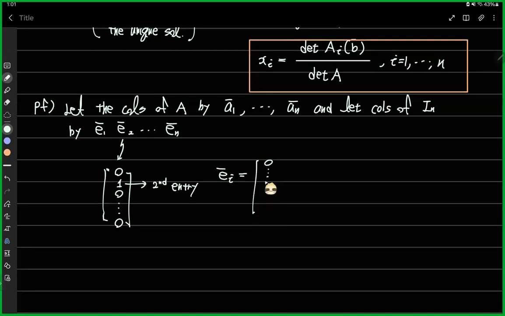Then E_i has the ith entry equal to 1 and all other entries 0. So each column of the identity matrix is like this, and A1 through An are the columns of matrix A.